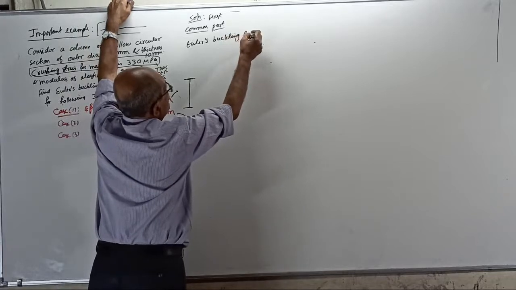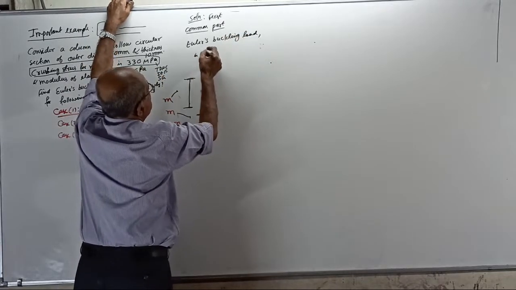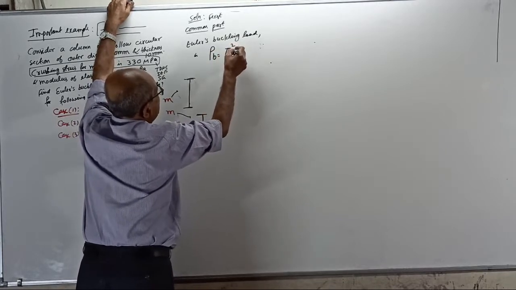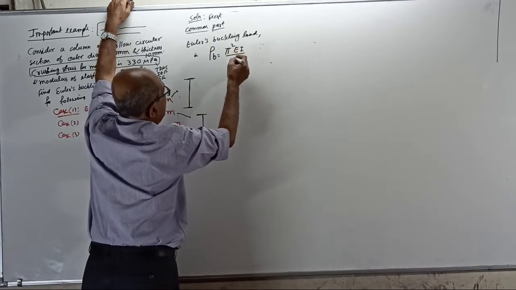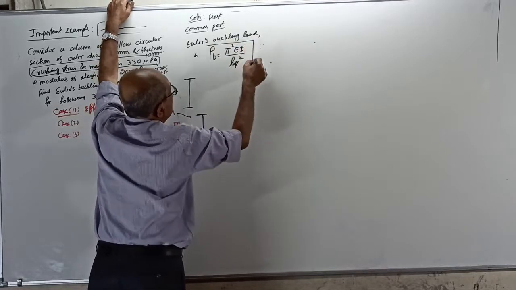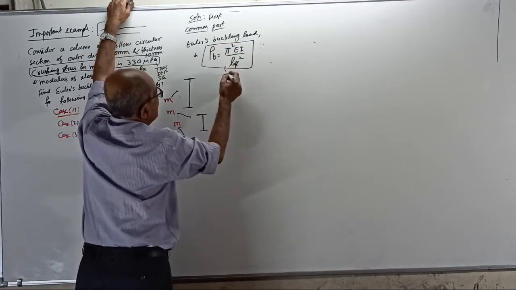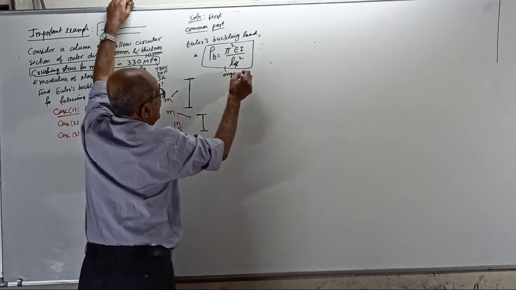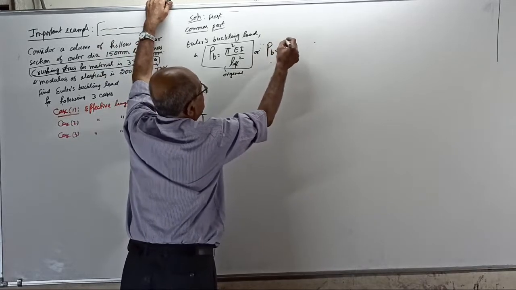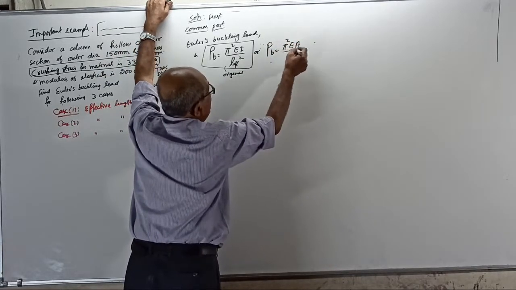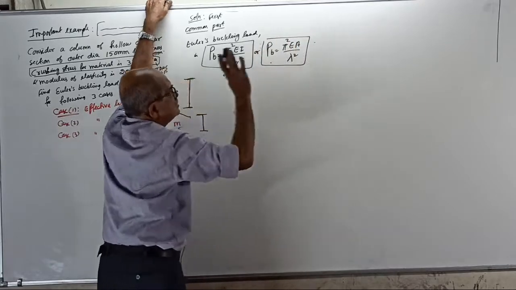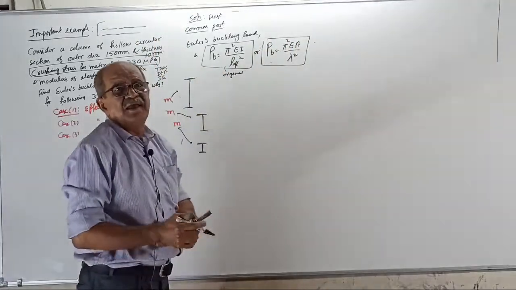The symbol is PB equal to pi square EI by L effective square, which is the original formula, or you can write PB equal to pi square EA by lambda square. Both are the same. Clear?